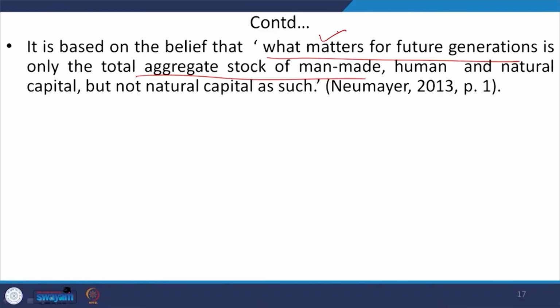So, here we need to highlight that it is a matter of concern only if future generations are not getting the aggregate stock of capitals. Maybe the man-made capital is high and the natural capital is less. It is not a matter of concern, but they should be getting the total aggregate stock of capitals.